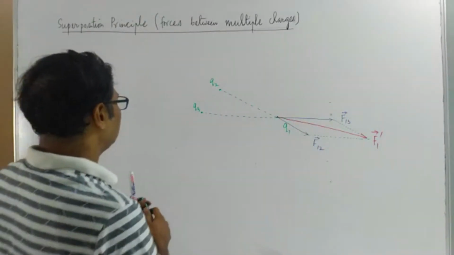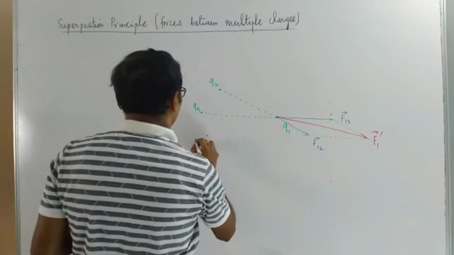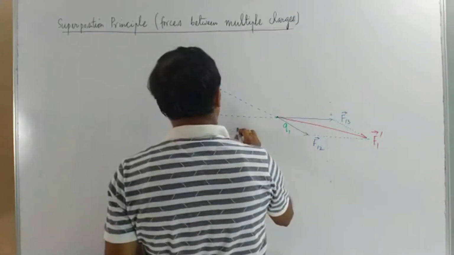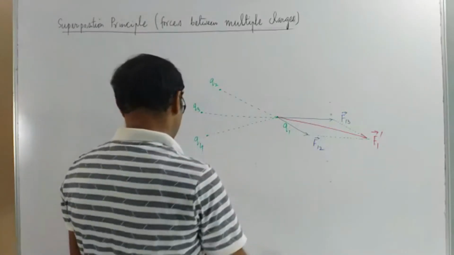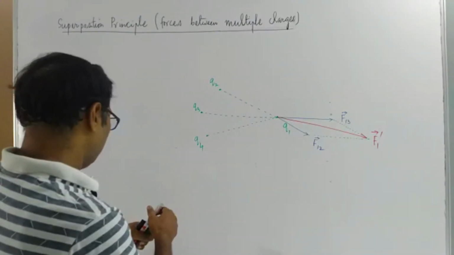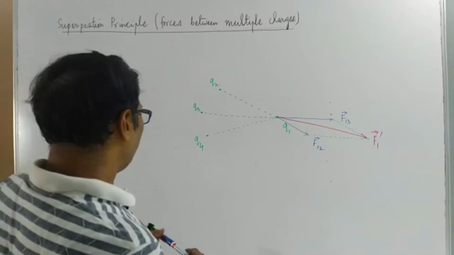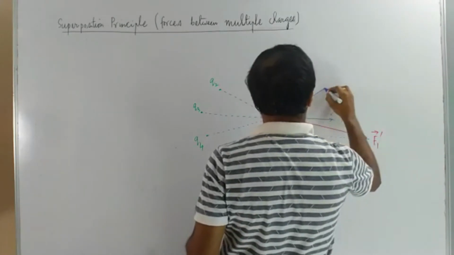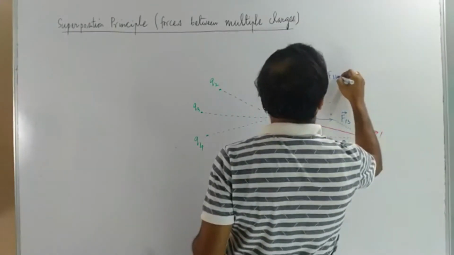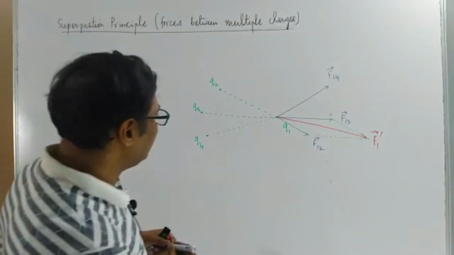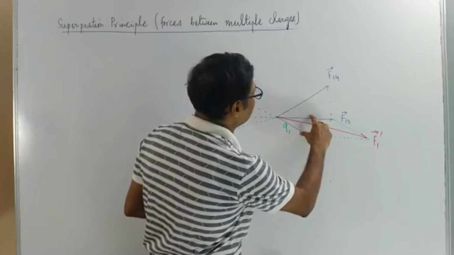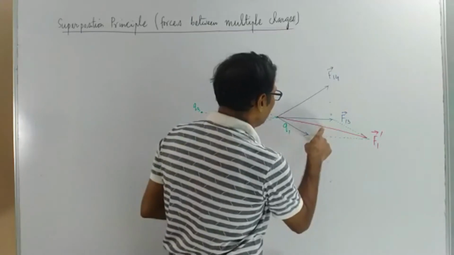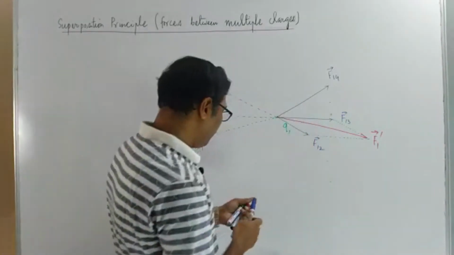If we consider another charge Q4 to be located over here, and the force on Q1 due to this Q4 is represented as F14. I have already calculated the resultant of the earlier forces, so now I will consider the resultant of F1 dash and F14.